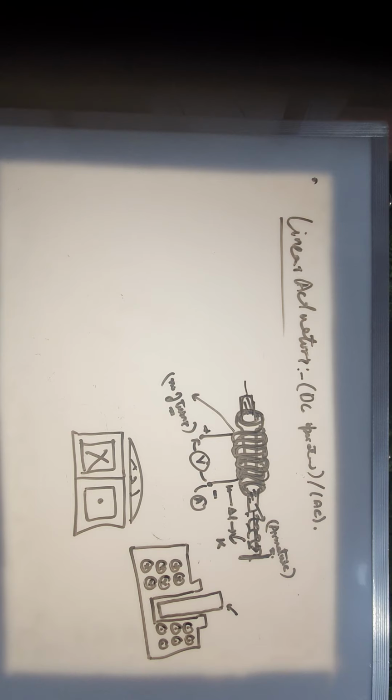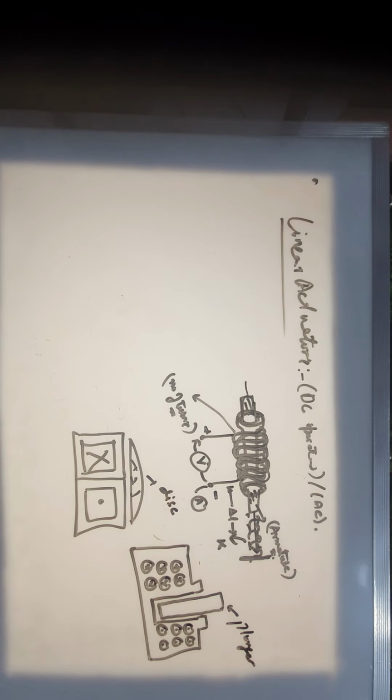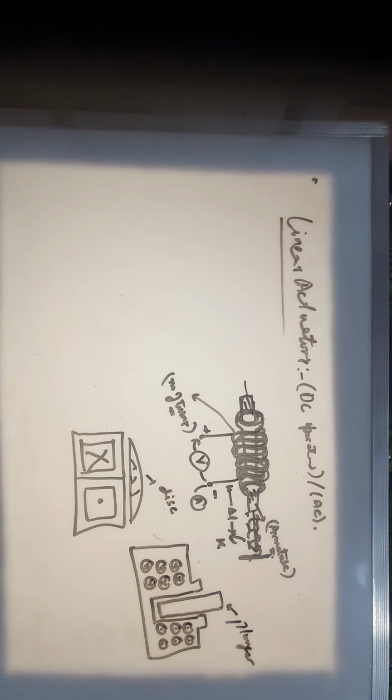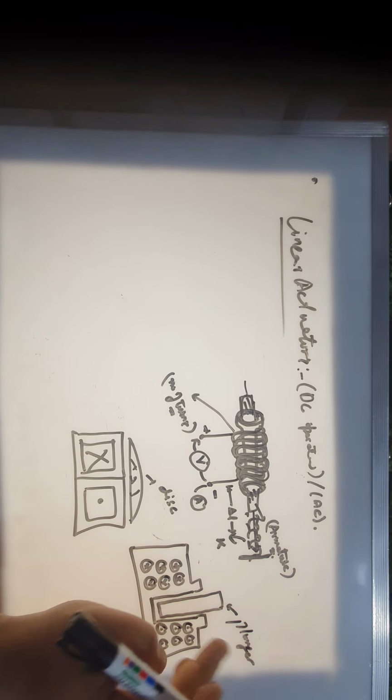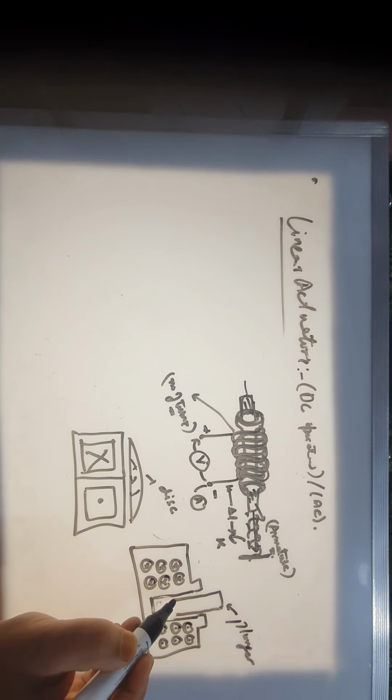Then you have the second one, that is plunger armature, where you have a plunger that plunges in and out. This was disc type. Then the third one, that is conical plunger. The difference between normal plunger and conical plunger is that the conical plunger is conical in shape on this side.